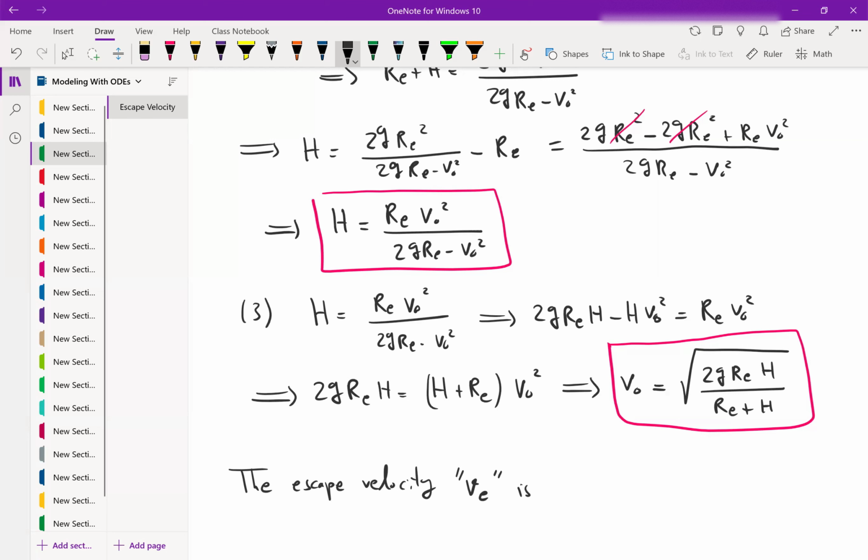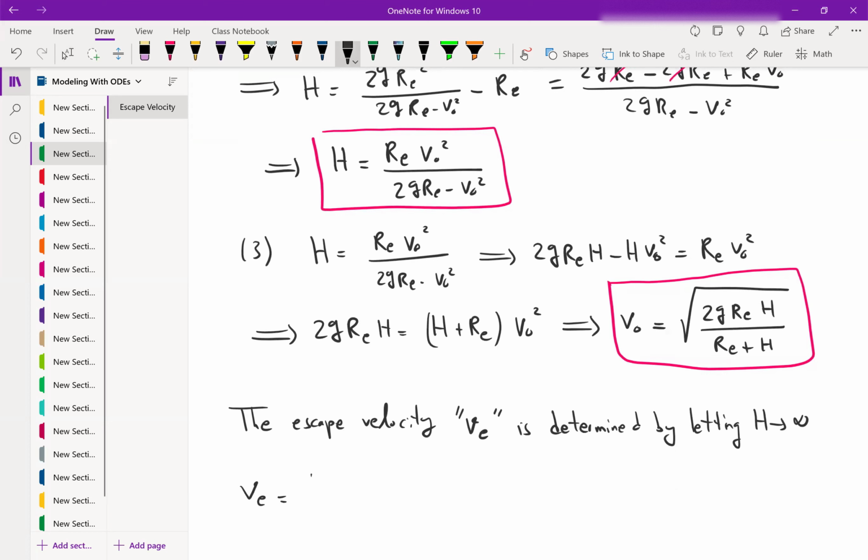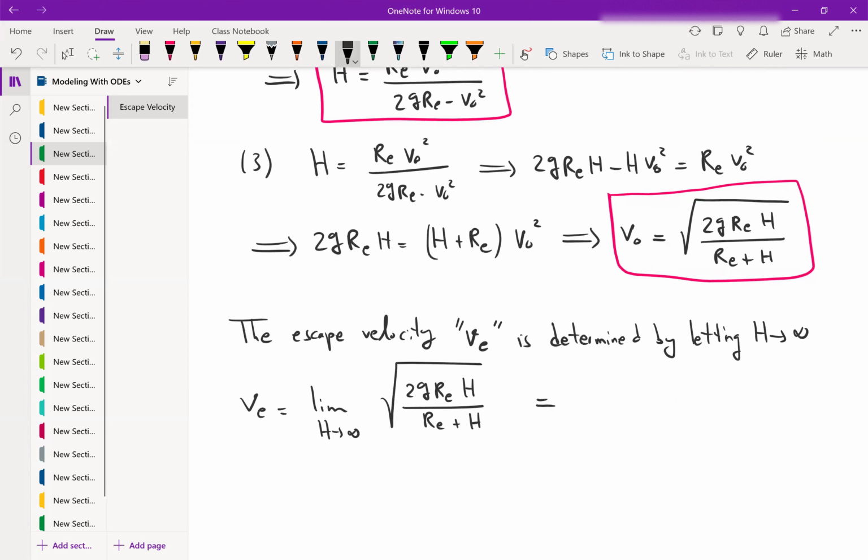VE is determined by letting H go to infinity in the above formula. So VE is the limit as H goes to infinity of the square root of 2GRE H divided by RE plus H. And what is that equal to? Very simple, because the square root of 2GRE doesn't have any H in it.